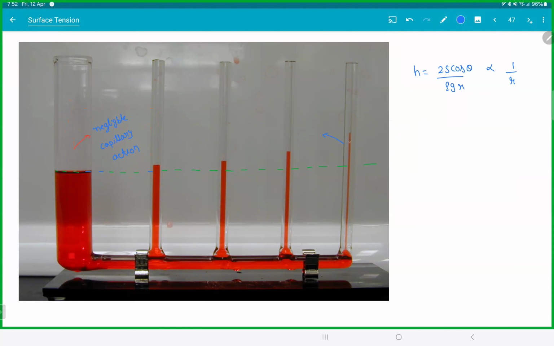You can see that height, how much you got. This is quite a thin tube. The smaller the radius, the more the height. So in order to see a capillary reaction, you need very thin pipes. Smaller the radius, more the capillary reaction. Clear?